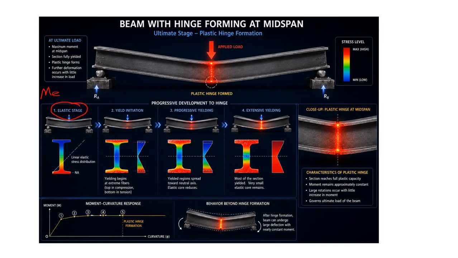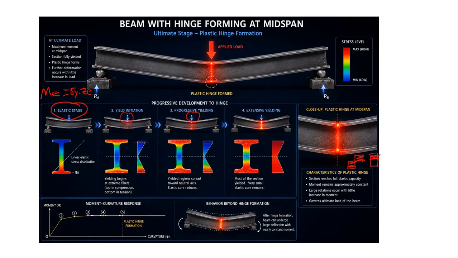And now let's say ME was simply sigma y times your Ze. Now you have continued to increase the load here, and at this stage a plastic hinge has formed when all the fibers have reached their yield stress. The stress distribution is like this or like this, whatever is your choice, right?